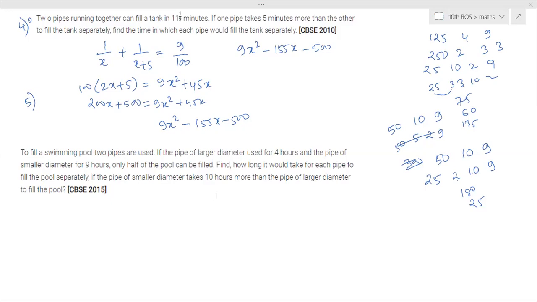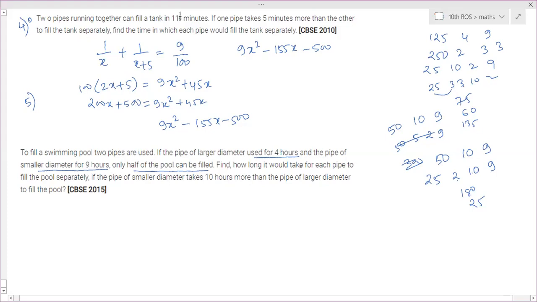So in this case, what they have told: to fill a swimming pool, two pipes are used. If the pipe of larger diameter is used for 4 hours and the pipe of smaller diameter is used for 9 hours, only half of the pool can be filled.